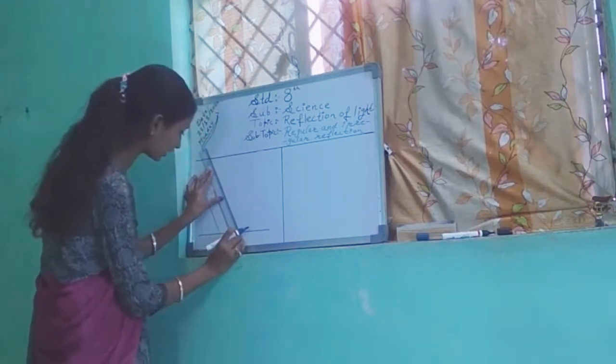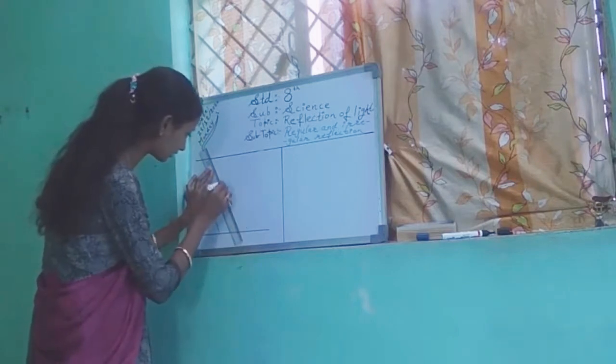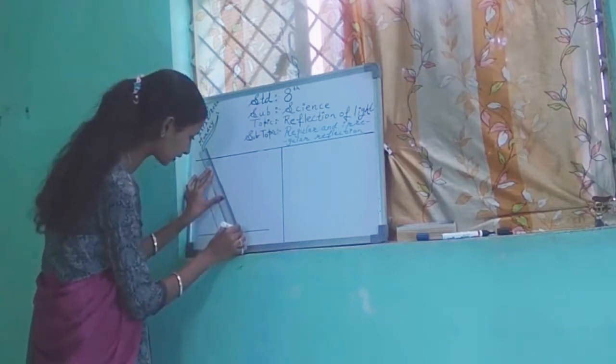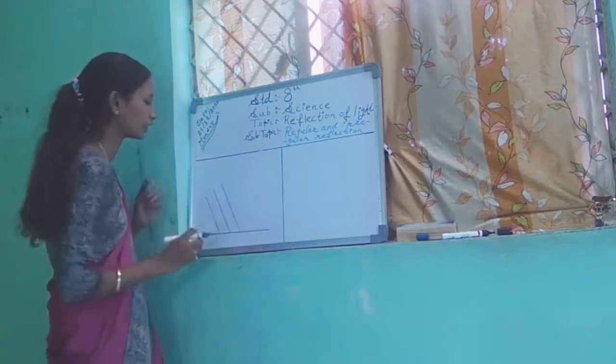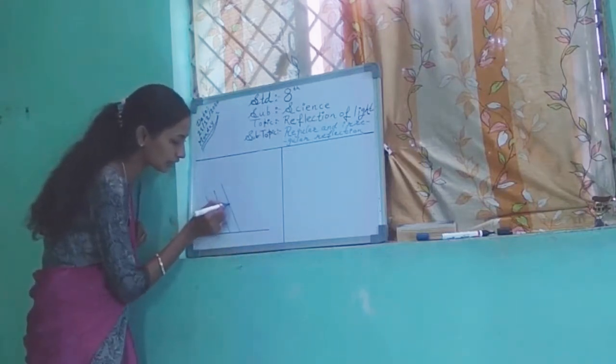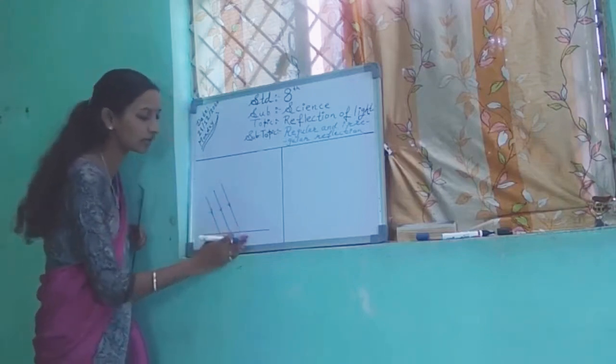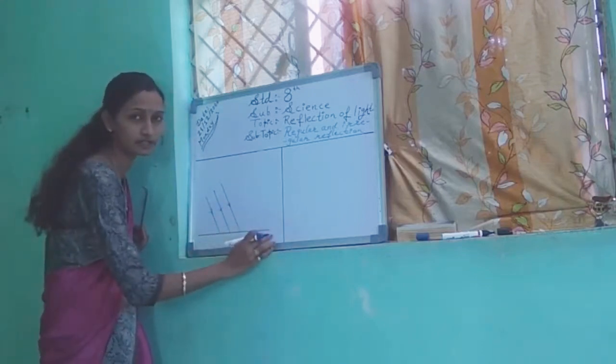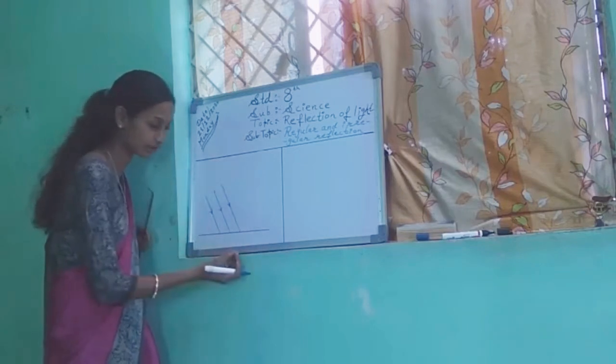See, here you can see I am drawing parallel lines. These will be parallel to one another. Which rays are these rays? Incident rays or reflected rays? As they are coming to this surface, they are incident rays.